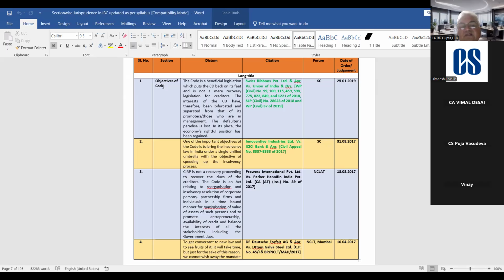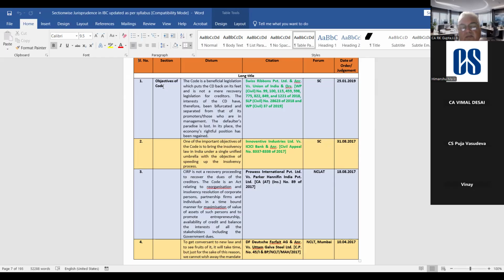For whose benefit has the code been enacted? Whether for the benefit of creditors or for the benefit of corporate debtors? Yes, any idea? To enable the corporate debtor, right. So it is a beneficial legislation for the corporate debtors or other individuals and partnership firms.